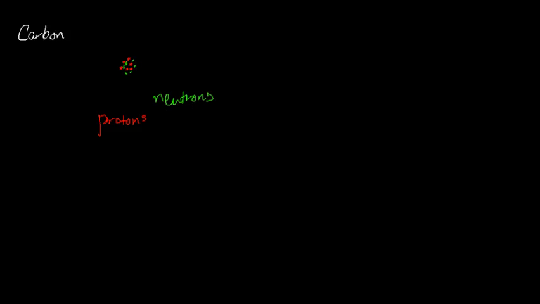We know that there are 6 electrons going around the atoms. So 1, 2, 3, 4, 5, 6. So we know all these details, and these electrons are going around the atoms.